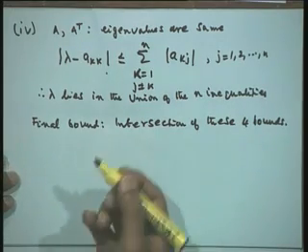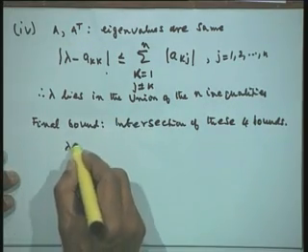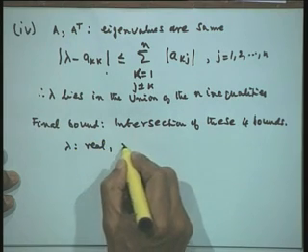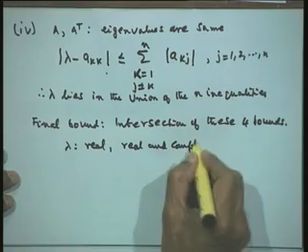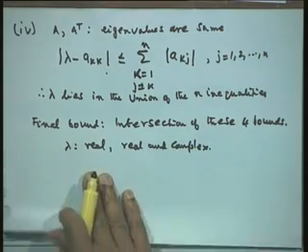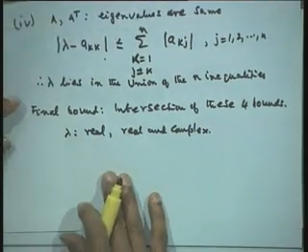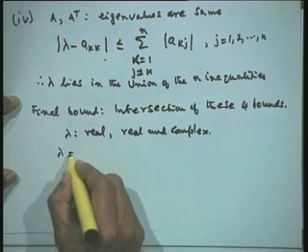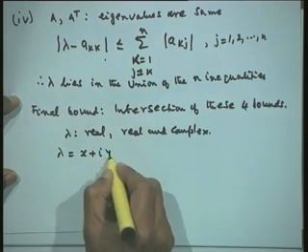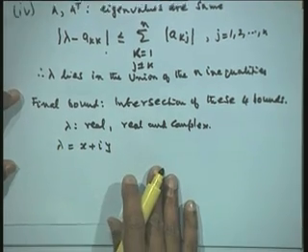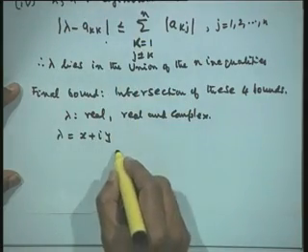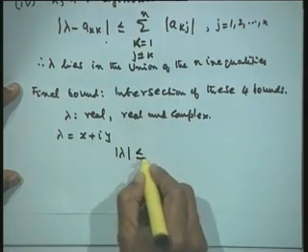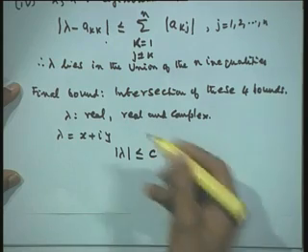But we know that the eigenvalues lambda are real or real and complex. Now, if they are complex, let us take lambda is equal to x plus iy. Then the first 2 bounds are stating that magnitude of lambda is less than or equal to some constant c, some number.